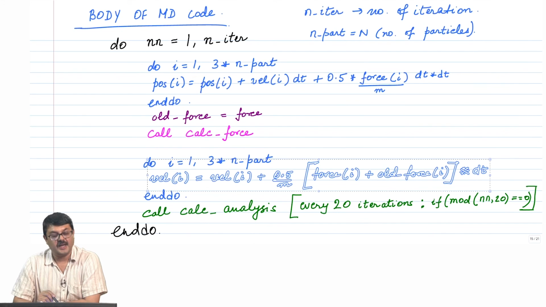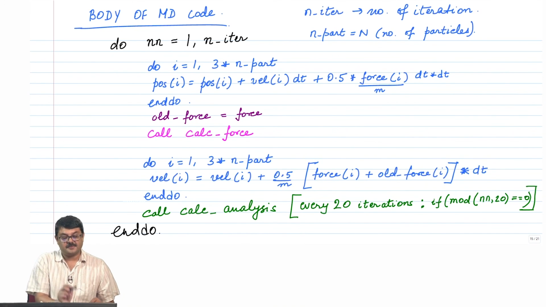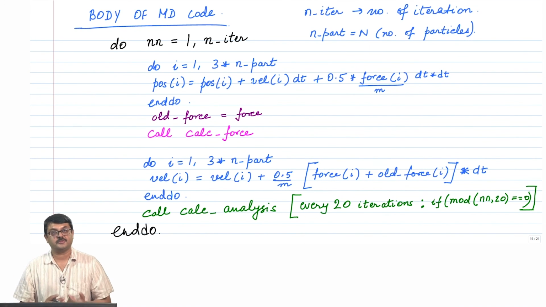It is nothing but vel I plus half, 0.5 by m, times force I, the ith particle, plus the old force of the ith particle, into dt, right. We are basically averaging over the current force at this time and the previous force. So at the end of this step, you have essentially updated your position, your force and your velocity.